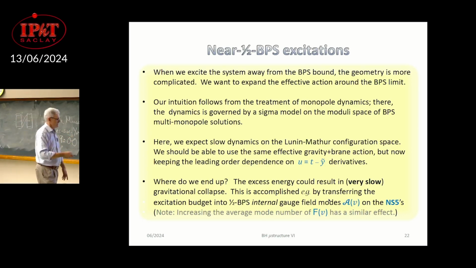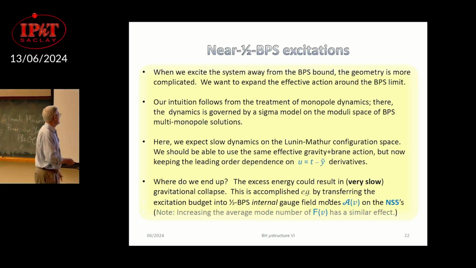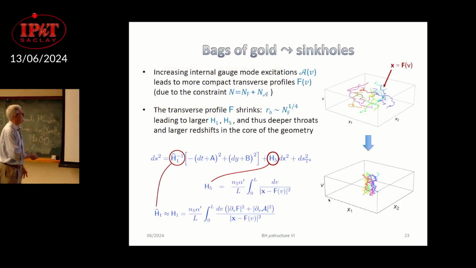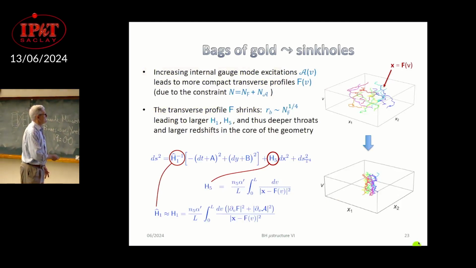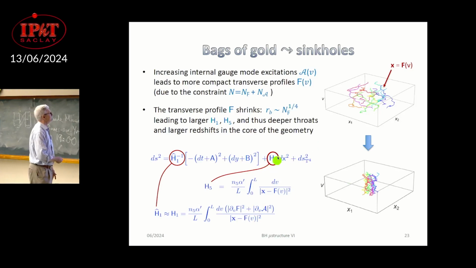And so the harmonic functions that you see that are governing the solution have some typical transverse size, which, as I decrease the amount of excitation budget in the transverse scalars, gets more and more compact. The harmonic functions get more and more peaked. The throat gets deeper in length and larger in redshift.